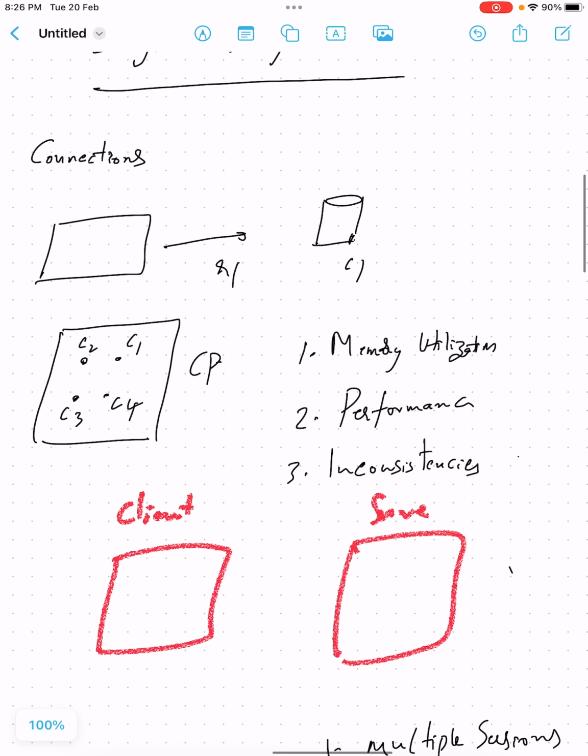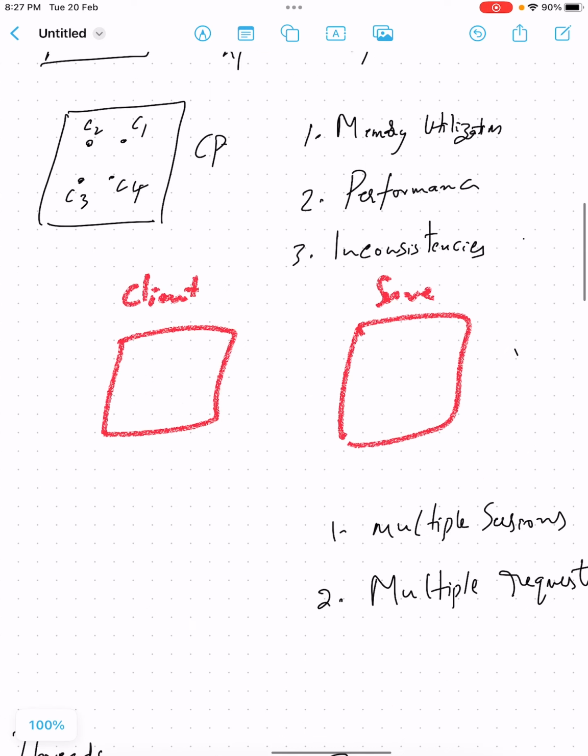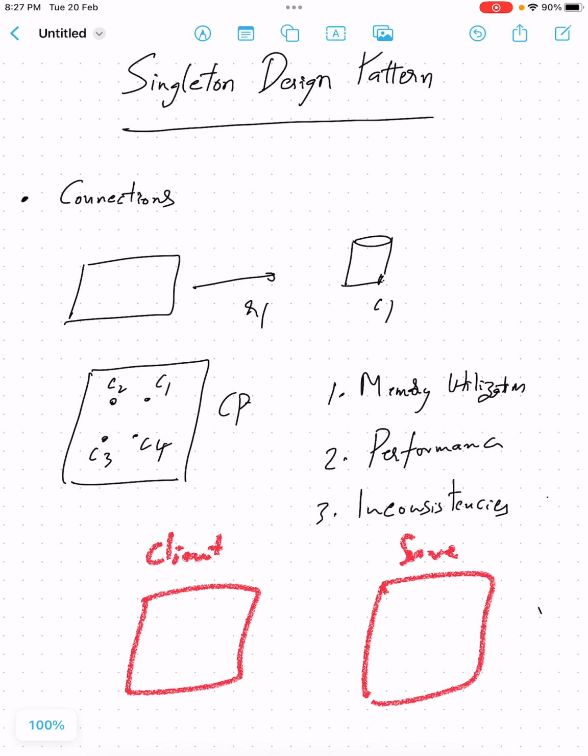First we went through the connections: what is the use case of connections, and why the connections are singleton, because these are basically shared resources. In order to avoid inconsistencies, whenever there is a client-server model, you will be having multiple sessions, multiple requests, and multiple users creating different instances. So these instances cannot be copies.